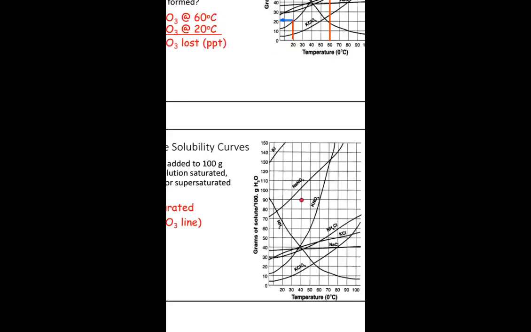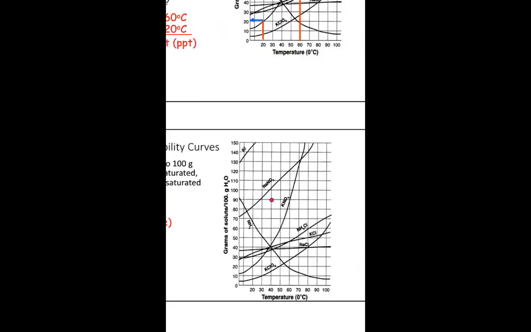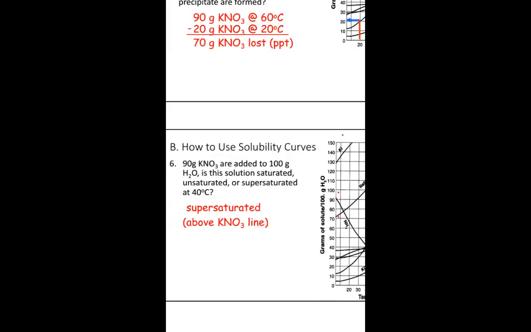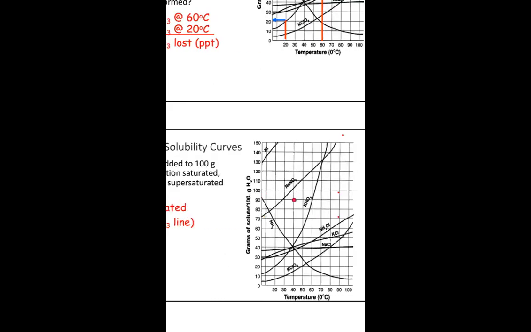Look at the curve. Look at 40 degrees Celsius, and look at where 90 grams is. Can you see that the red spot is where the intersection is? Now look at KNO3.